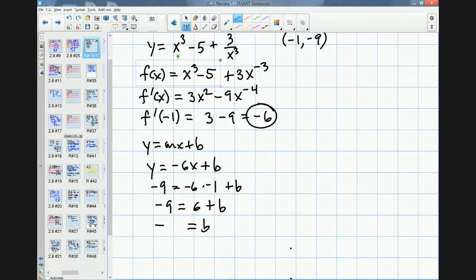Subtract 6 from both sides. So then we just come back here, plug in our y-intercept, and we should have finished our problem now. We found the equation of the tangent line. So that's number 34, Maki.